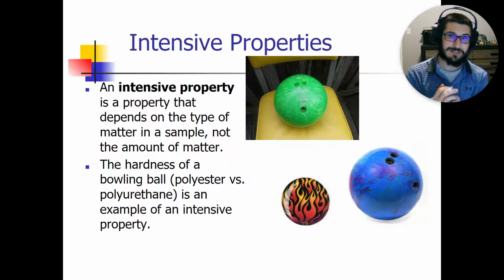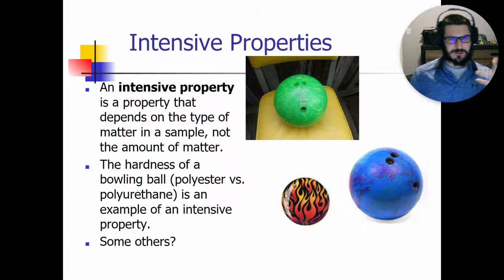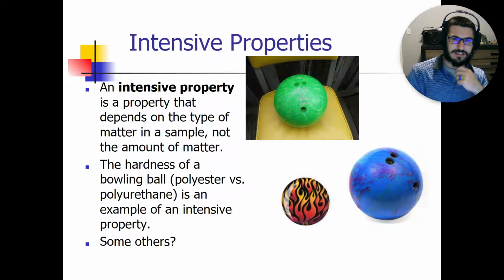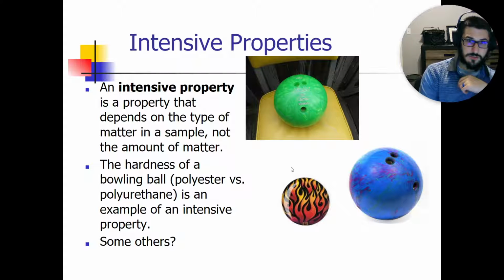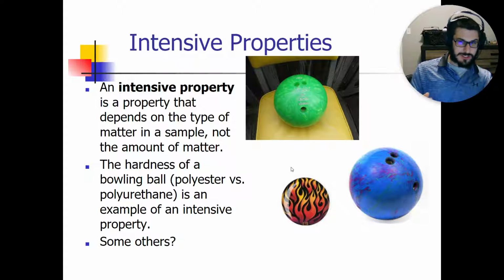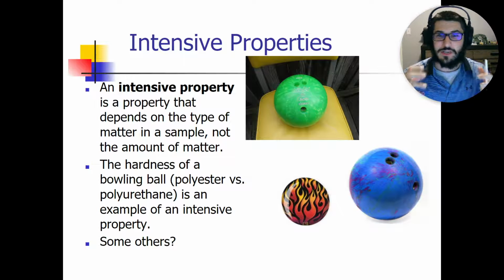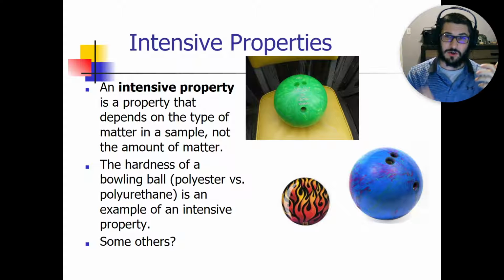Hardness is going to be the same exact hardness no matter what size the bowling ball is. Can you think of some other properties that are intensive, that depend only on the matter that it's looking at? Another one is density. The other most common intensive property is density, because no matter what amount of a substance you've got, it's always going to have the same density.